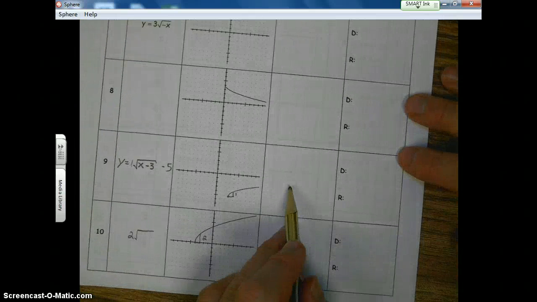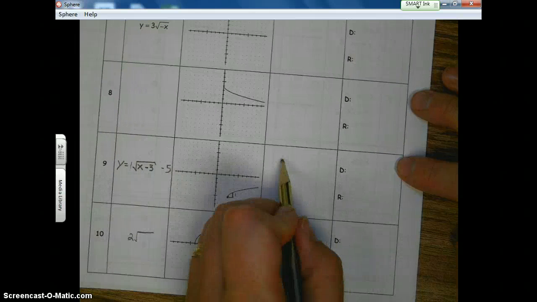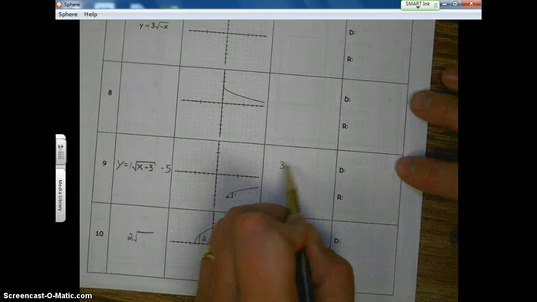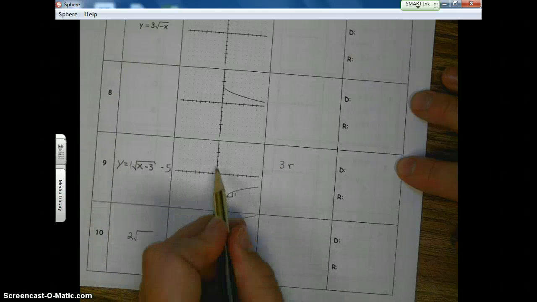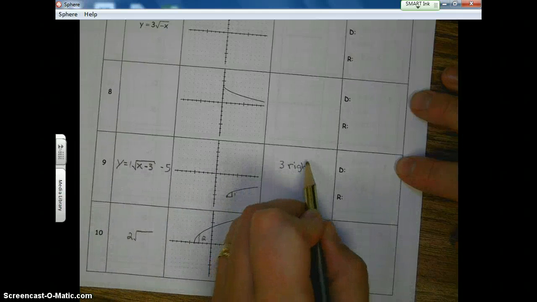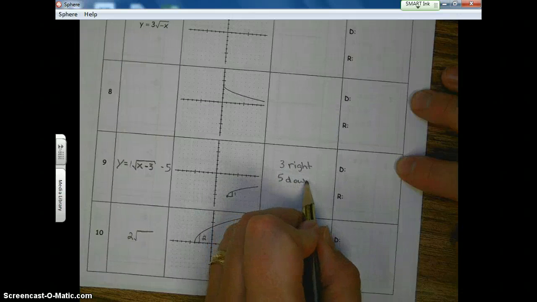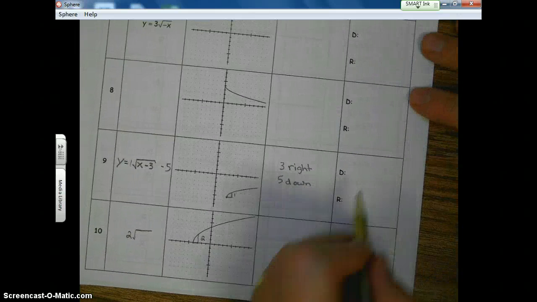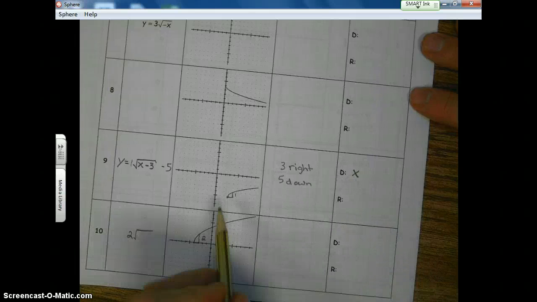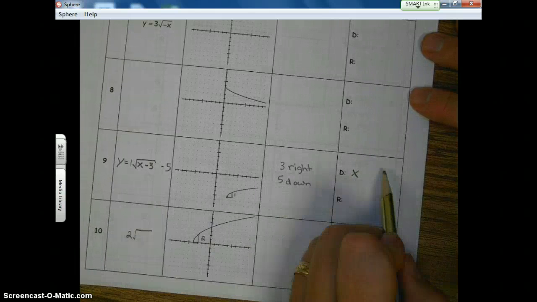Back to this problem. Transformations. Okay, 3 to the right. And 5 down. Okay, domain, x. Number, 3.